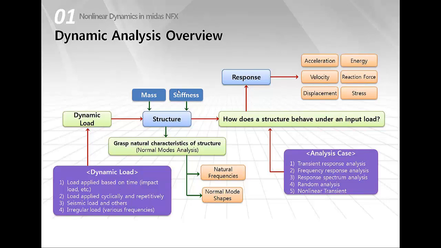Then mass and stiffness are also required, and these two parameters should always be present in your structure or system. After this, we have to choose the proper analysis type to perform the calculations and to get the response as displacements, accelerations, or velocities.